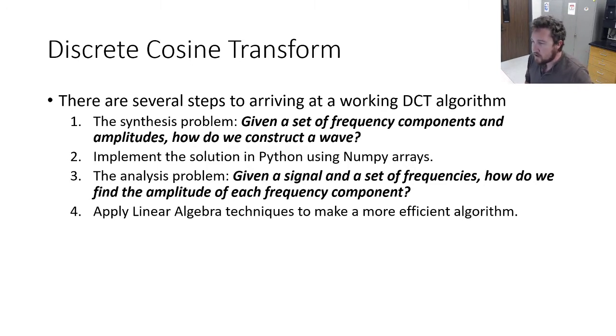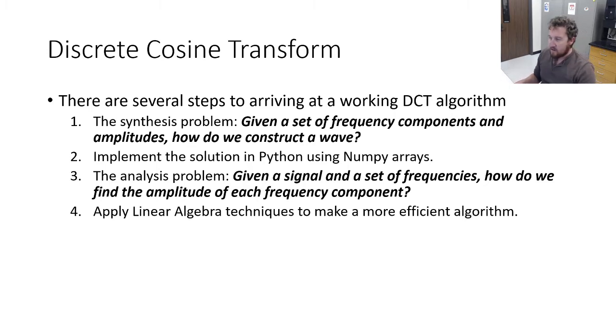So then we need to implement the solution to the synthesis problem in Python using NumPy arrays. And then step 3, the analysis problem, which is a step past the synthesis problem, and it's stated here as: given a signal and a set of frequencies, how do we find the amplitude of each frequency component? So we have the signal, and we have this half of the spectrum.